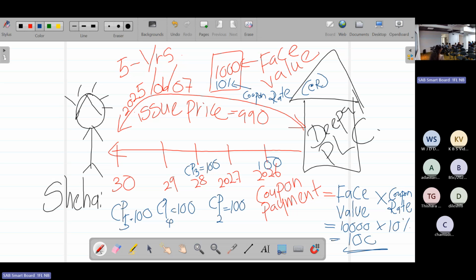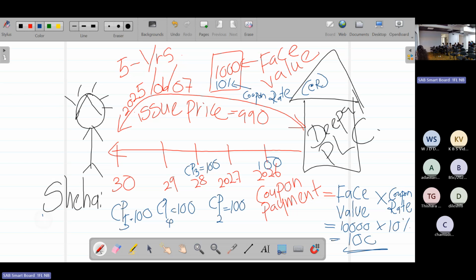The company took a loan from Shehan, so now it needs to settle it. During these 5 years we are not going to settle the principal, but at the end of the fifth year we will settle it. That is the redemption price.